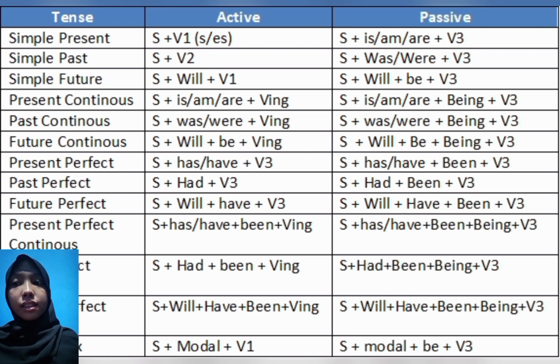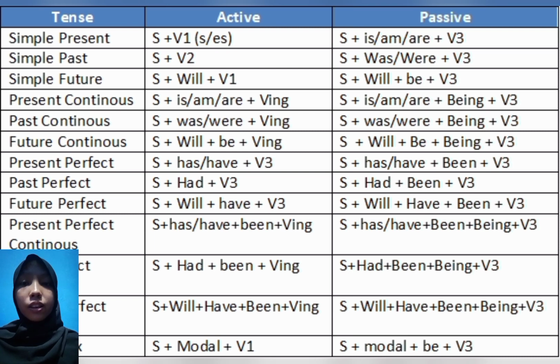Simple present, pattern active: subject plus verb 1 plus s or es. Pattern passive: subject plus is, am, or are plus verb 3. Simple past, pattern active: subject plus verb 2.